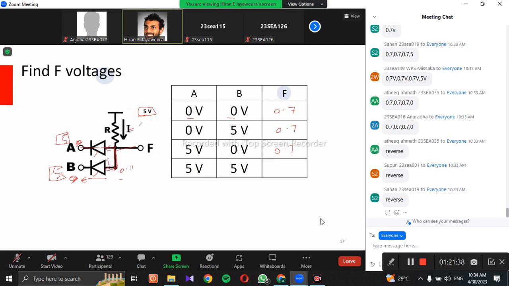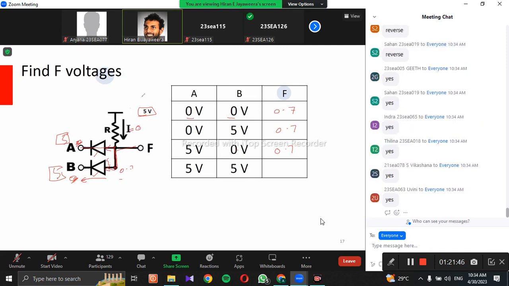So this current becomes zero. Do you all agree with me? Then the potential drop across this resistor is also zero because there's no current. You have 5 volts here, you get 5 volts here. Is it clear?